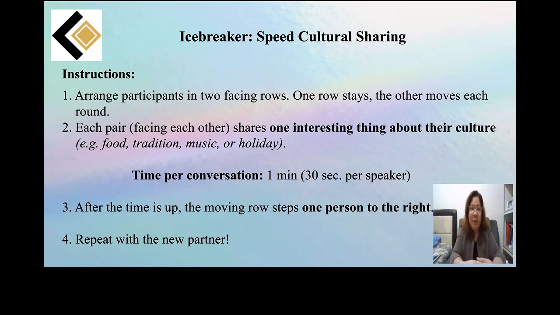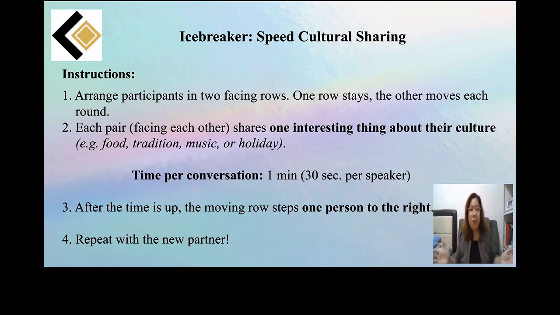So we are given around 1 minute per conversation: 30 seconds for the first speaker and another 30 seconds for the second speaker or the partner. Then after the time is up, the moving row, so you decide which row will move, is it the one on the left or the one on the right?